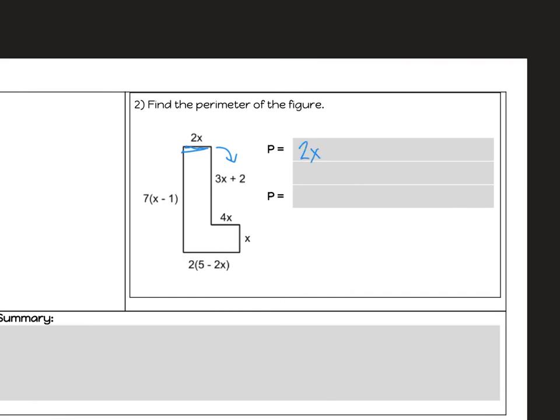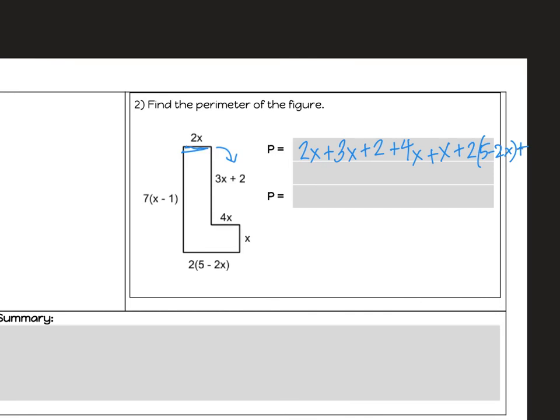So 2x plus 3x plus 2 plus 4x plus x plus 2, and then we have parentheses, so 2 parentheses 5 minus 2x, and I know I'm running out of room, but I'm going to keep writing just below.